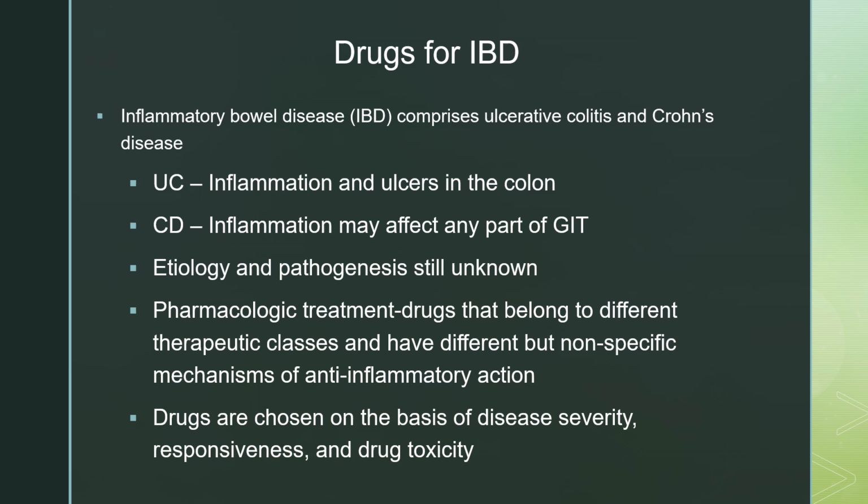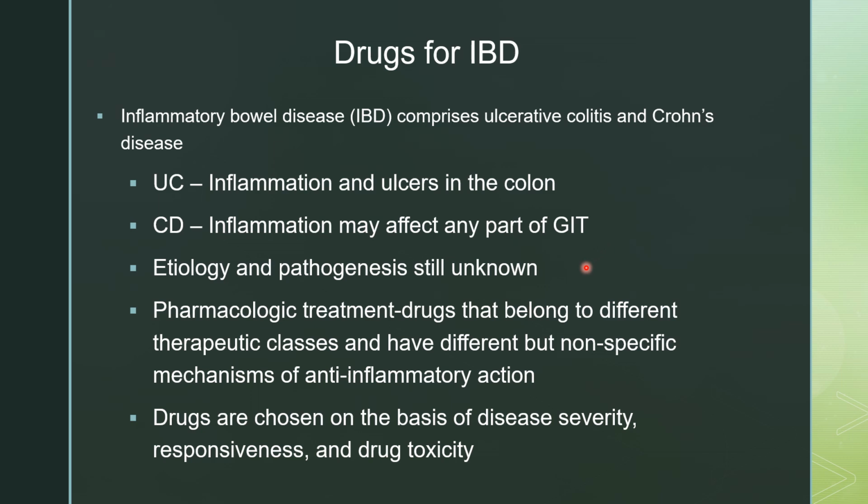Now, from irritable bowel syndrome, we go to inflammatory bowel disease, which comprises 2 conditions, your ulcerative colitis and your Crohn's disease. Ulcerative colitis is inflammation and ulcers in the colon only, that's why colitis. While Crohn's disease is inflammation that may affect any part of the GI, not only the colon.